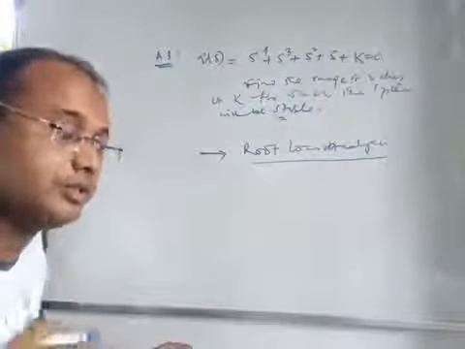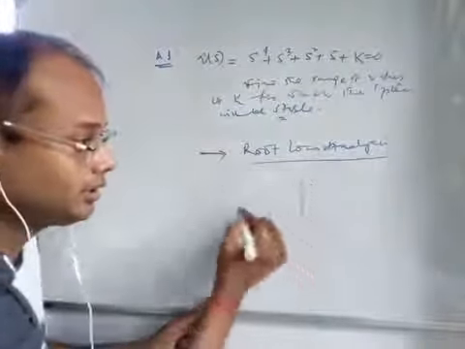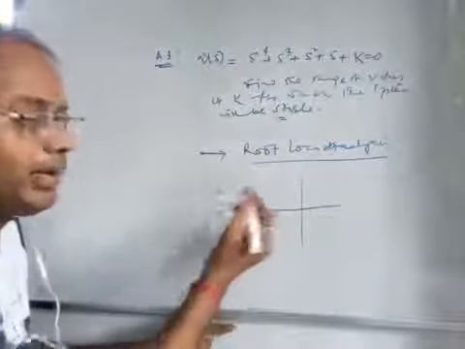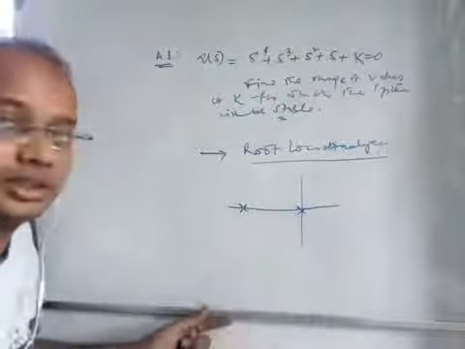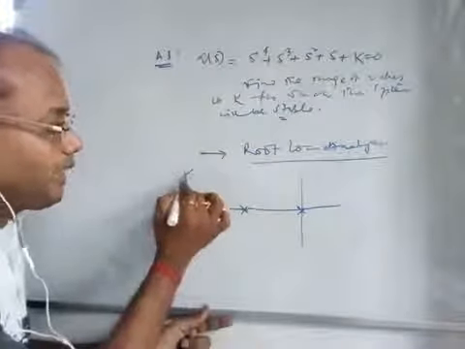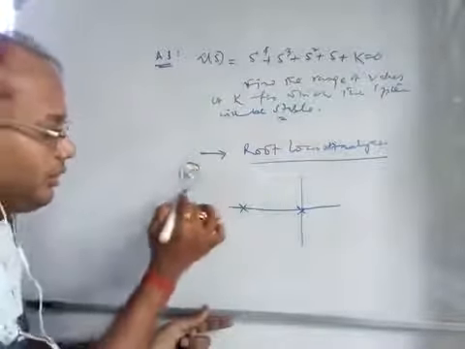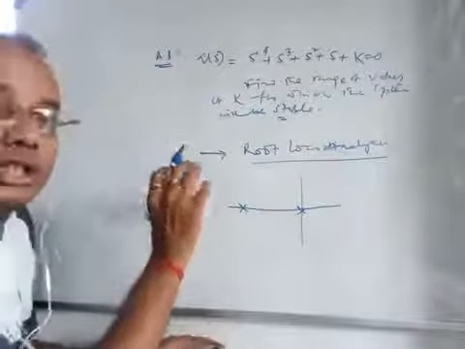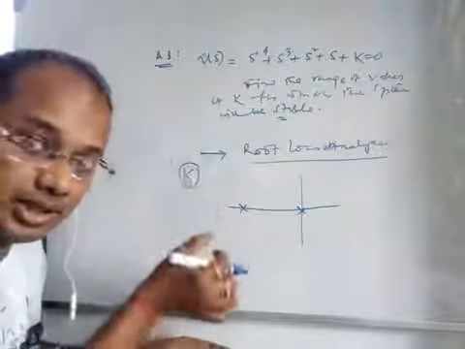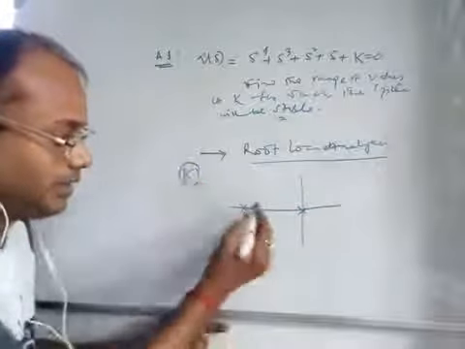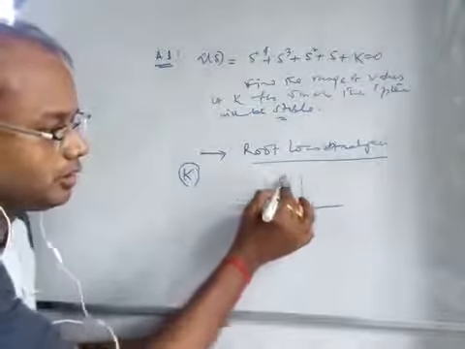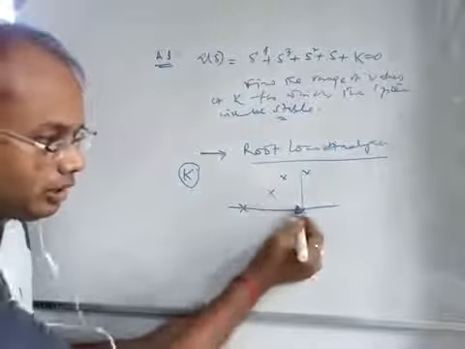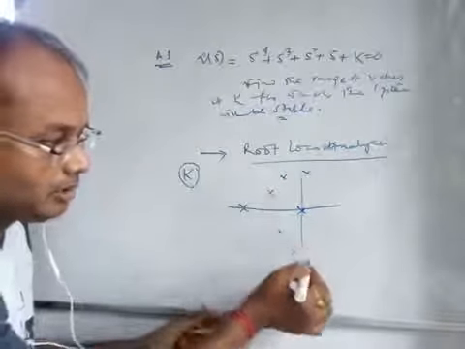But how can the roots be varied? Maybe roots are initially located in these positions. There may be a gain k which can be varied like a knob, or the system gain can be varied such that this pole may shift from these locations to these locations.